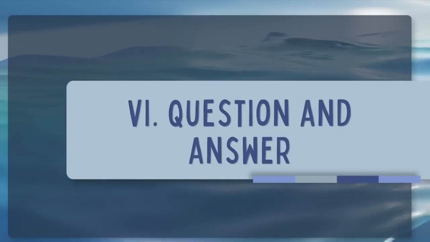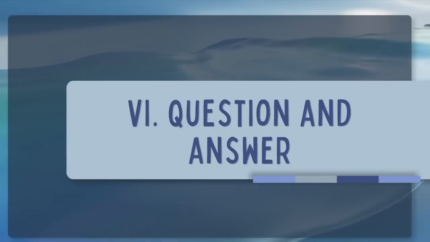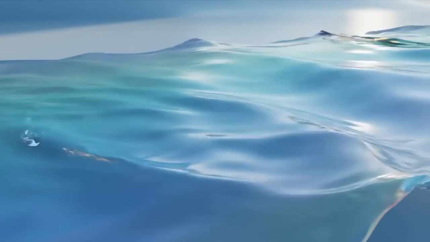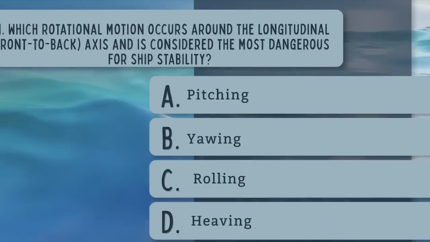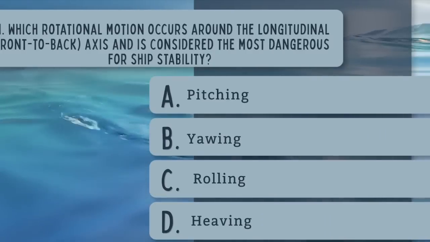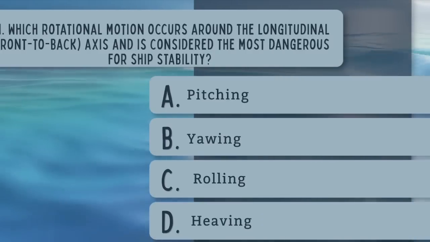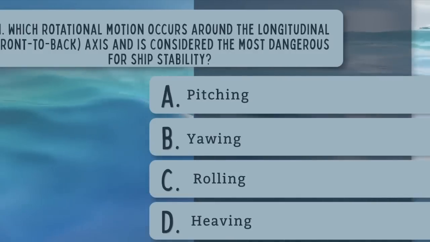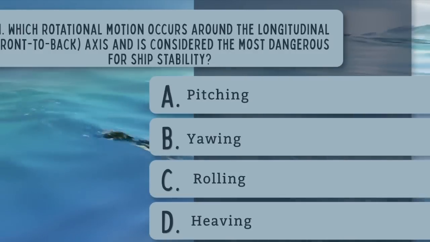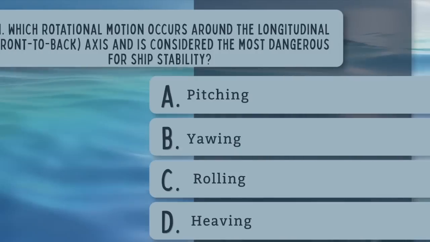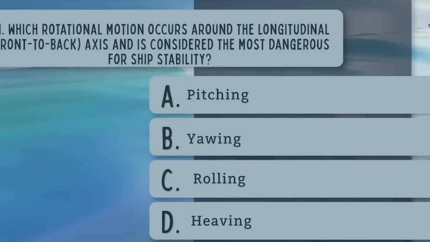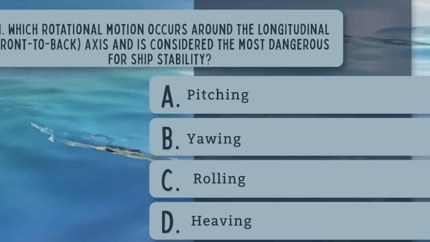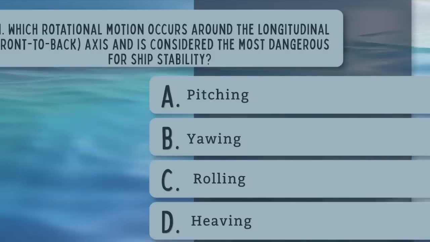So this will now be the question and answer portion. First question: which rotational motion occurs around the longitudinal, or front to back, axis and is considered the most dangerous for the ship's stability?